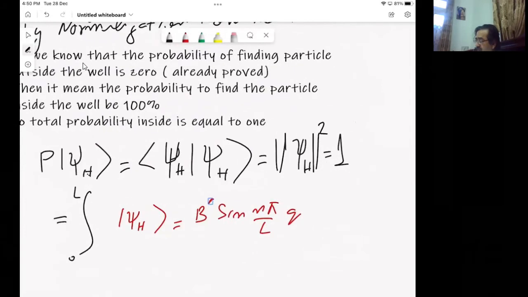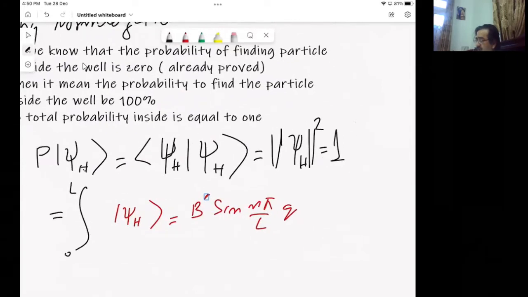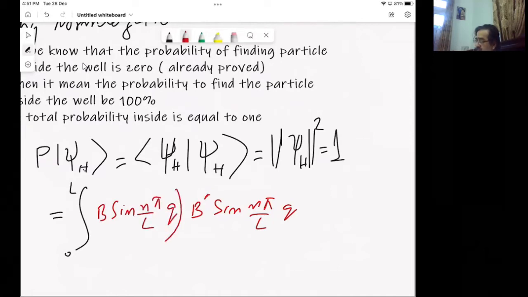This is your bra, and this is the ket, because of the integration, the bra and ket notation. Here it will be B sine n pi over L q, one is the complex conjugate and one is not.